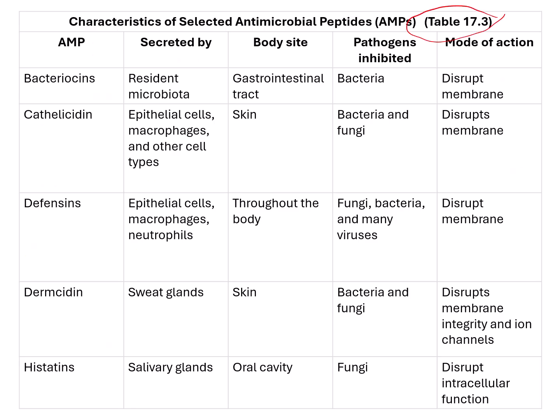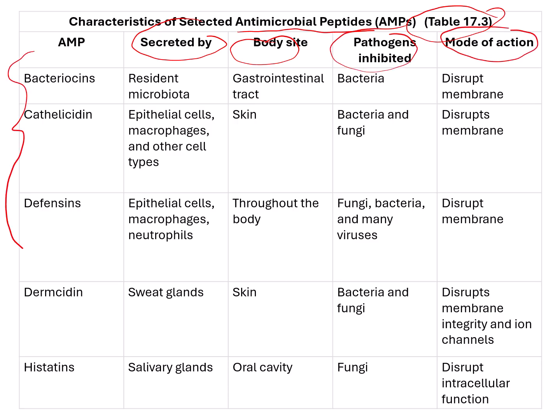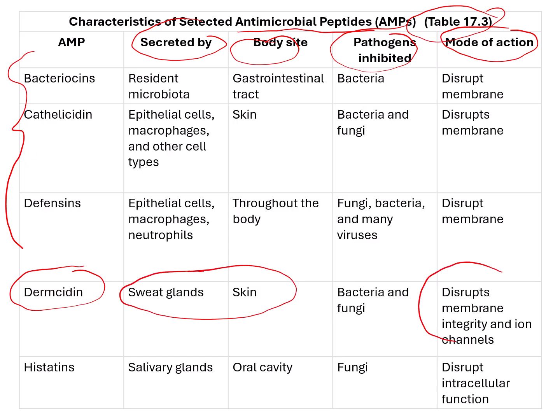Here is that Table 17.3, which summarizes antimicrobial peptide sources, where they come from, the target pathogens, and their mechanisms. So we saw these three already. Dermcidin comes from our sweat glands on our skin, and they disrupt the membranes of bacteria and fungi.